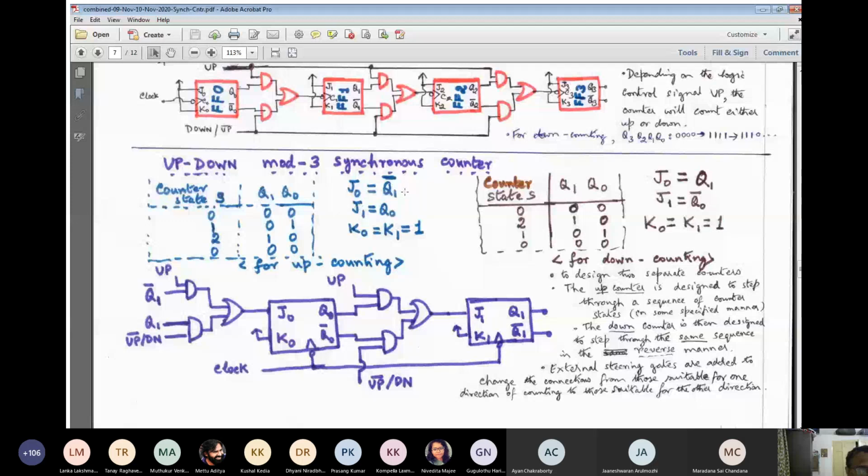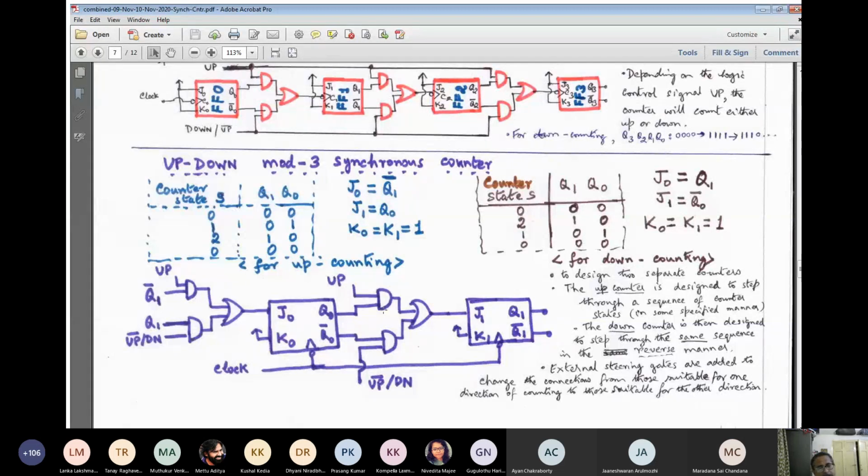On the other hand, you see here it is required that J0 should be Q1, but there it is Q1 bar. So it is just a choice between the complementary output and the normal output of the neighbor, and similarly the normal output and complementary output of the immediate left neighbor. K0 and K1 are always 1, so it is very simple. K0, K1 you can connect right to logic 1. J0, J1 you have to feed via a 2 to 1 multiplexer.